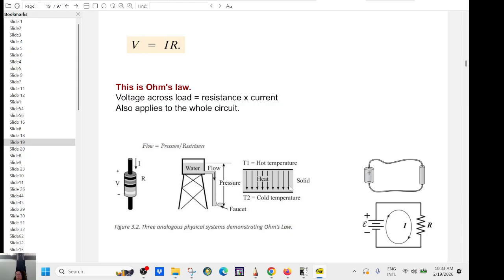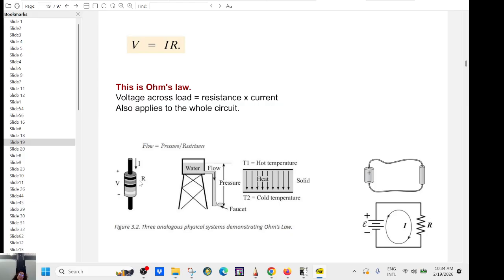Output will be the heat, and it depends on the material between them. Likewise, water flowing down, it depends, of course, on the height. More height, more pressure, more water will flow, but it depends on whether you have a valve or not, right?